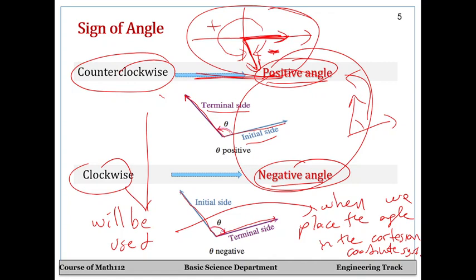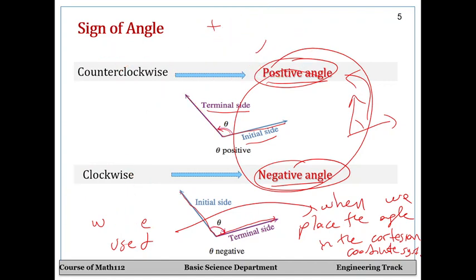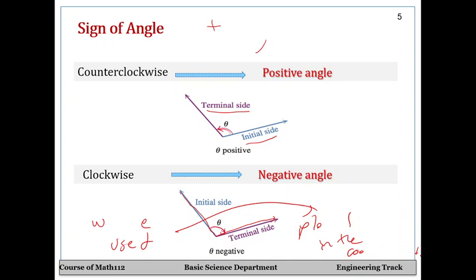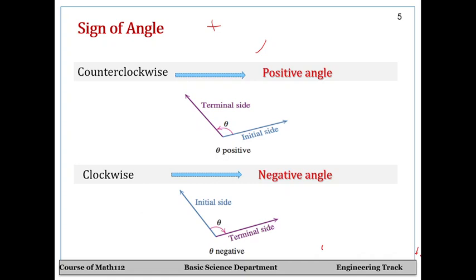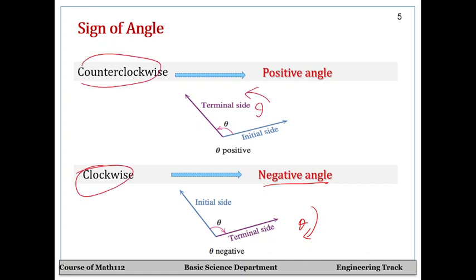If we give you an angle, it's just a positive angle. The negative angle or the clockwise direction issue will be important when we deal with the angle in the Cartesian coordinate system. But it's better you know them: we form the negative by doing this, and we form the positive angle by doing this. So counterclockwise direction, clockwise direction.